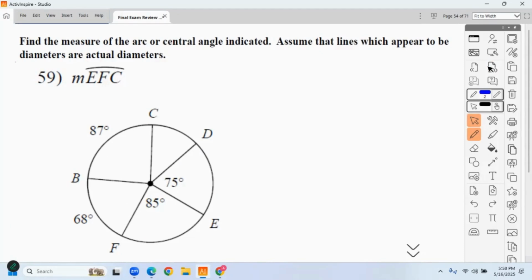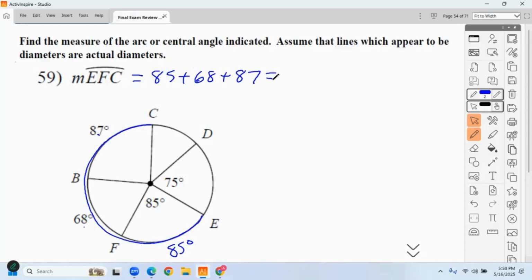EFC. EFC is going to go like this. So what we want to do is we want to add the pieces together. This is 85. All right. 68 and 87. 85 plus 68 plus 87.